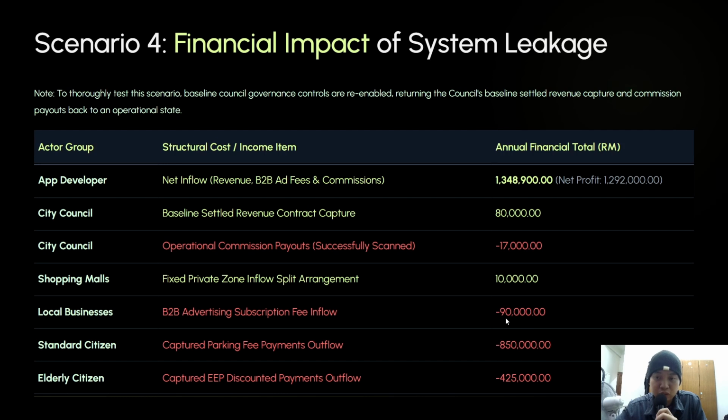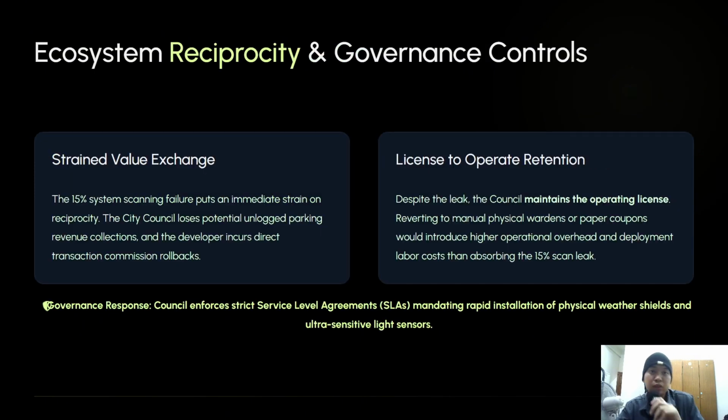Local business, also the same, 90,000. And then the standard citizen and elderly citizen lose about 850,000 for the standard citizen, and for the elderly citizen, they lose about 425,000.